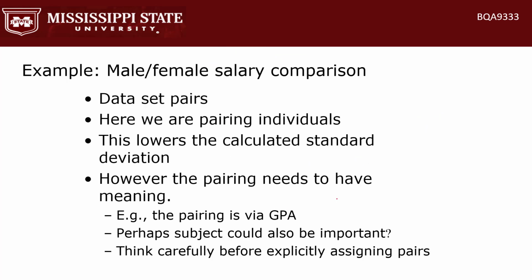Okay, so we have an example here. We have a male and female salary comparison. We're pairing individuals. Now, it wouldn't be as simple as this. We're basically looking at graduate salary and thinking, okay, there's going to be a lot of variation. You're going to have people who would do a high earning major, such as computing, with a high GPA, and you've got people with a low earning major, like maybe sociology or art history, with a low GPA.